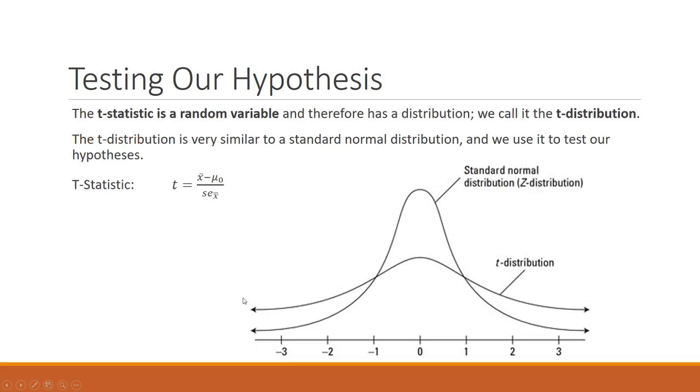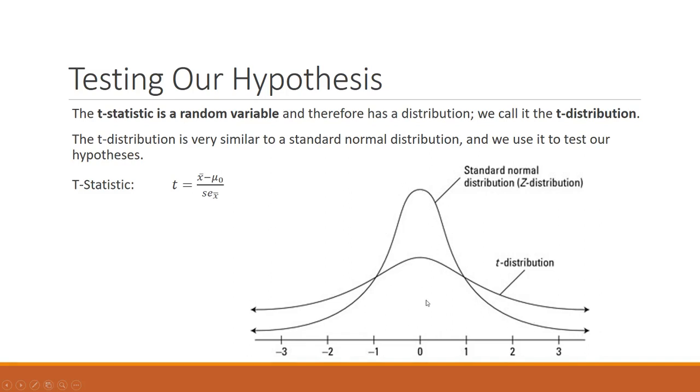All right, now I'm going to hit you with another distribution, and I'm sorry. A t-statistic is another random variable, and therefore it has a distribution. We call it a t-distribution. A t-distribution is very similar to a standard normal distribution, and we use it to test our hypotheses. So here in this graph, I just kind of demonstrate a standard normal distribution just like the one we saw earlier.